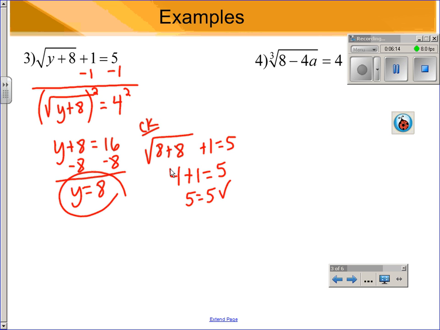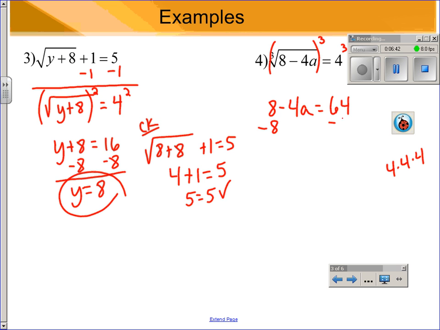Now let's look at a cube root. So instead of squaring both sides, how are we going to get rid of a cube root? Right, we're going to cube it. So we're left with 8 minus 4a equals 4 cubed, which is what? 4 times 4 times 4, which is 64. Now solve for a like you normally would.